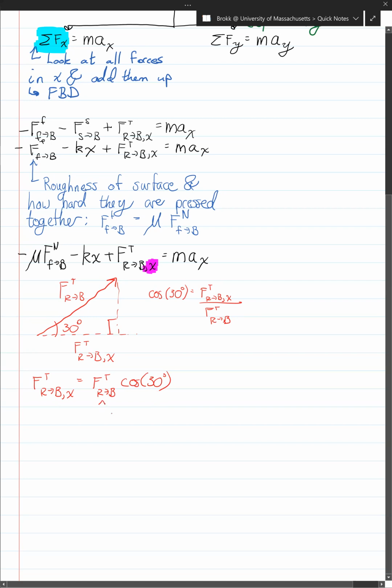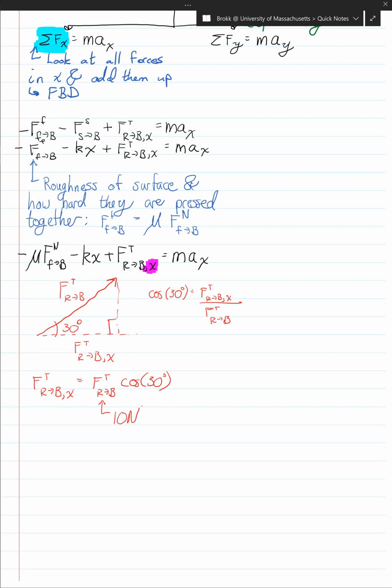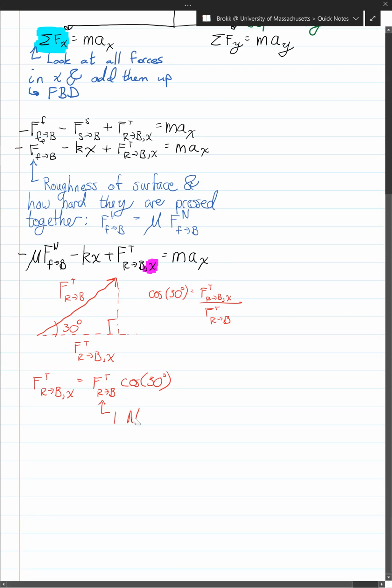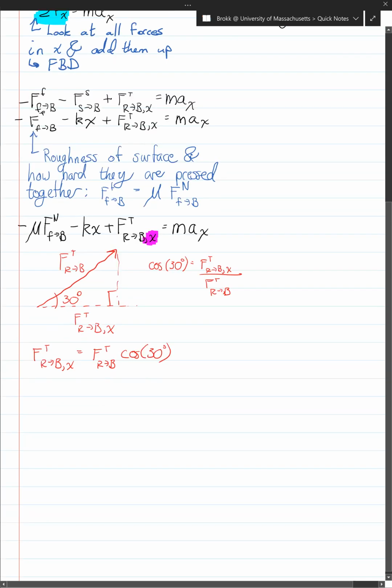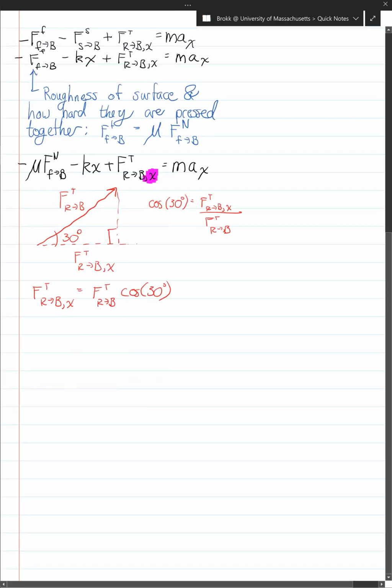And this we know, this is a number. It's 10 newtons given in the problem. We can leave it for now and deal with it later. So let's put that in.